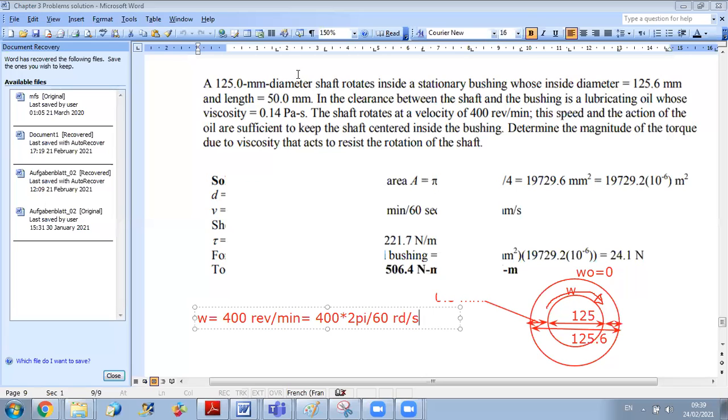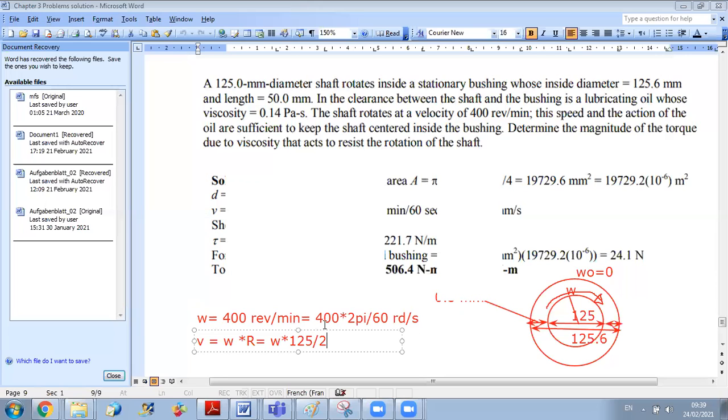Here the radius of rotation is 125/2. So v equals omega times 125/2.